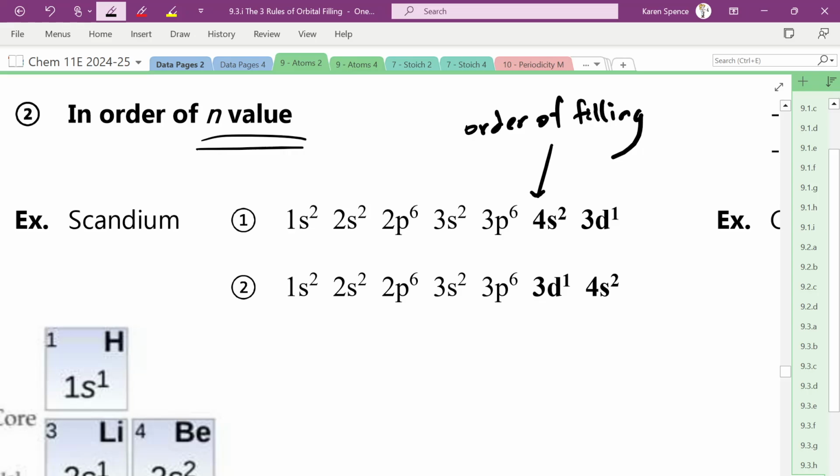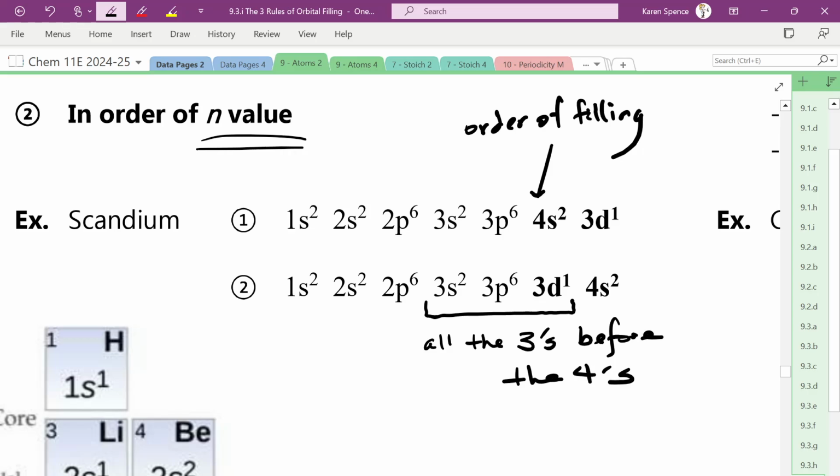However, sometimes you will see it written where you put all the 3s together before you start on the 4s. So that's the order of the n value. This can be useful if you are writing ion configurations, because if you write it in this order, you remove the electrons.